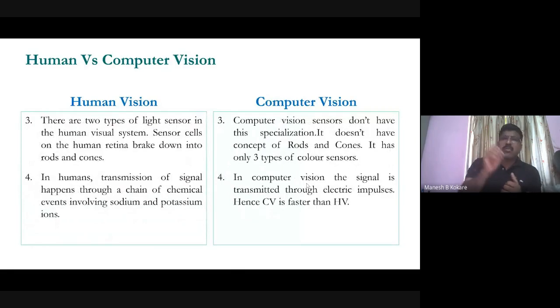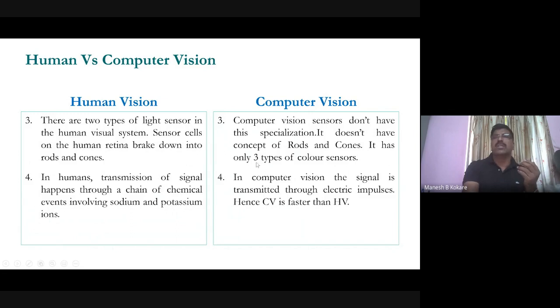Then the third difference between human vision and computer vision is that, as I told you, in the human vision system there are two types of light sensors: rods and cones. Sensor cells on the human retina break down into rods and cones. Whereas in computer vision, we don't have this specialization. It doesn't have the concept of rods and cones.